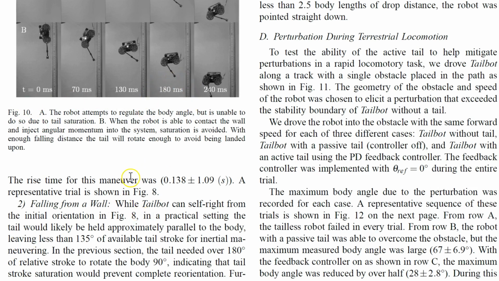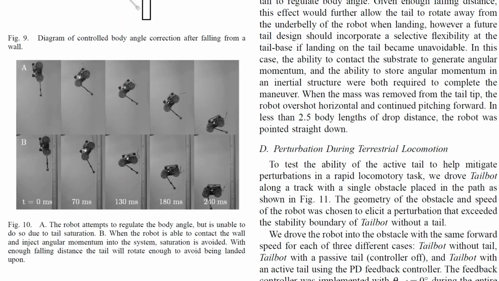This right here is clearly falling from the wall. So they really use these images here to demonstrate, like, okay, the robot managed to get itself started up upside down, and now it's right side up. So these figures are really, I think, pretty persuasive here.